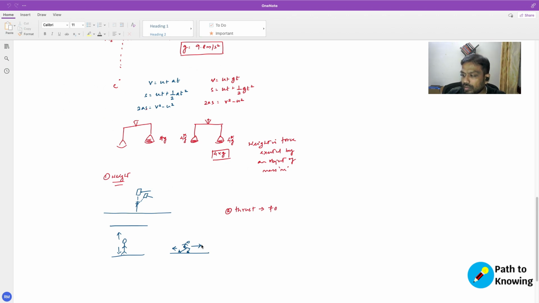Force applied perpendicular to a surface. So we have taken two concepts here, weight and thrust. So let's take the third one, the last one that we're about to cover here.